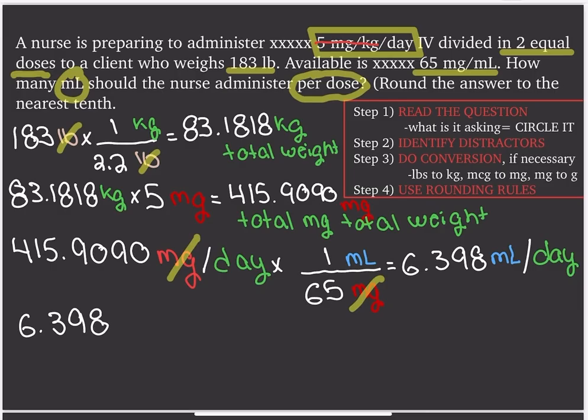So now we're trying to find how many milliliters are in each dose. So you're going to take your 6.398 milliliters and divide that by 2 because they're receiving 2 equal doses every day.